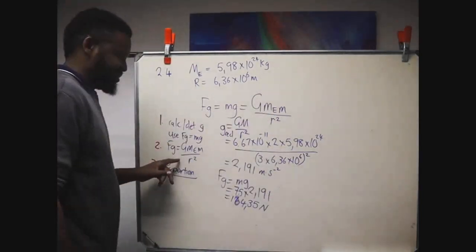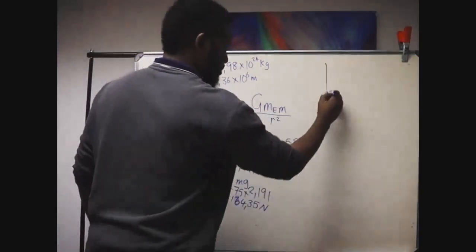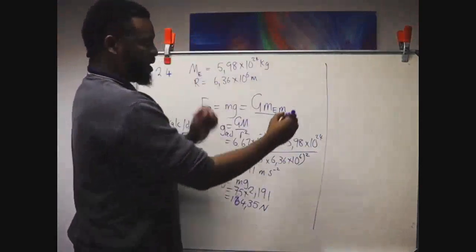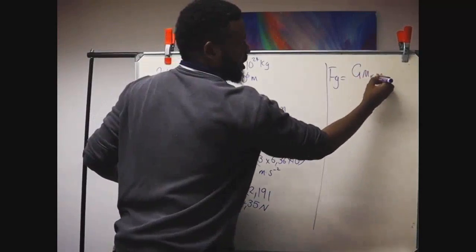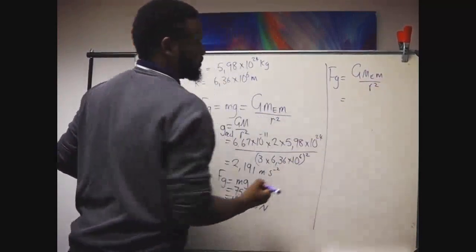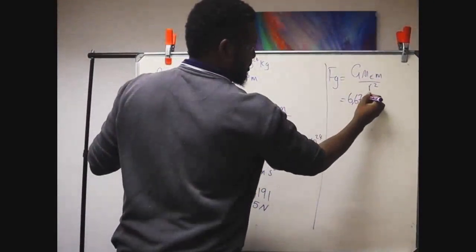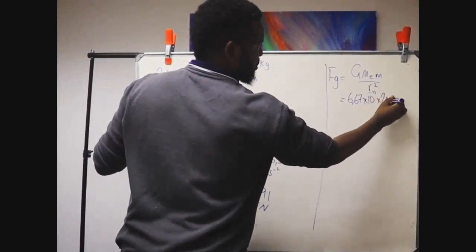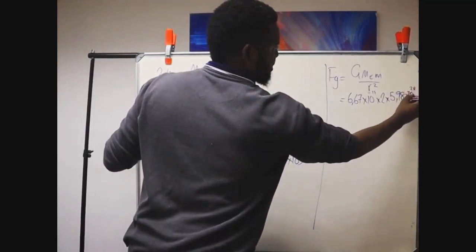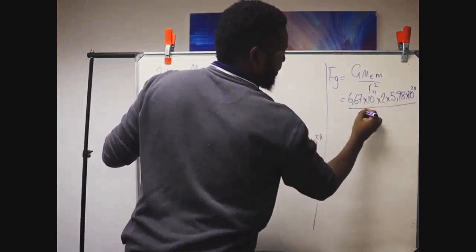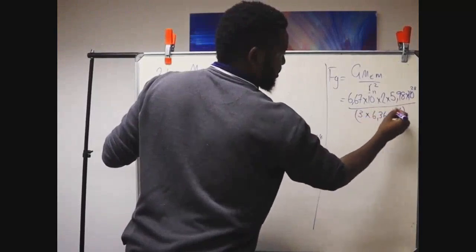Alternatively, let's see where it goes. Using this idea, I'll say the Fg is G m little m over r squared. The G doesn't change, it's the universal gravitational constant, times 2, because it's twice the mass of Earth, all over 3 times 6.36 times 10 to the power 6, squared.